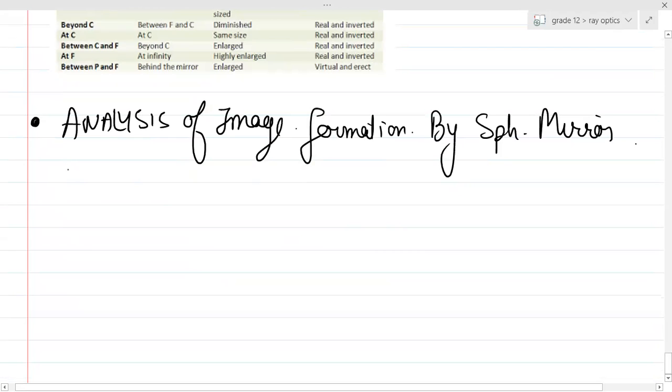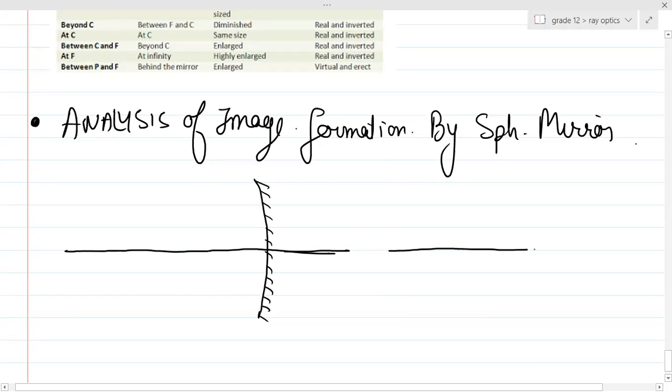Have you ever asked yourself this particular question, कि why are there only 6 diagrams in ray optics for a concave mirror? Can't nature be a little bit more symmetric? बताओ. Has anyone ever asked this question to themselves?